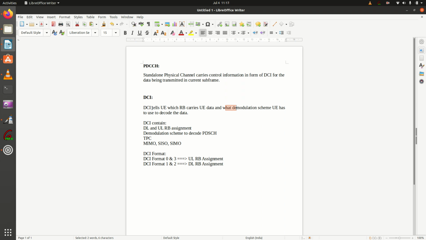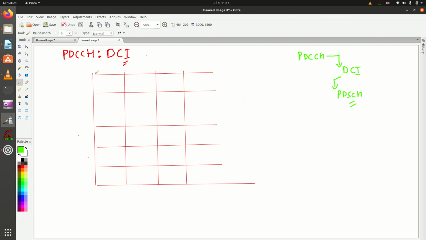To understand this in a better way, let's come to this time frequency grid, the resource grid as we call it. Let's say this is our E node B, and the bandwidth we are using in our network is 20 megahertz. 20 megahertz means there will be 100 PRBs, like 0, 1, 2, up to 99.